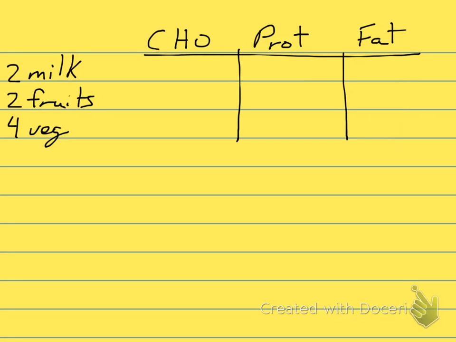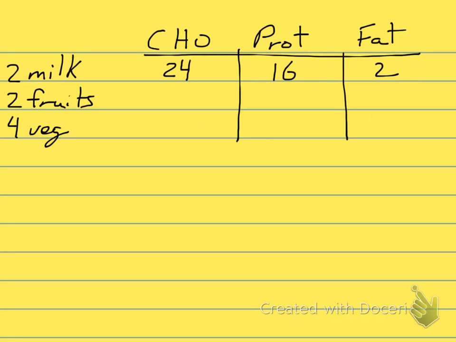We're going to start with 2 milk. 2 milk, 12 grams of carbohydrate per exchange. That's 24 grams of carbohydrate. 8 grams of protein per exchange, so that's 16. And I said we're going to consider it to be 1 gram of fat, so that's going to give me 2 grams of fat per the 2 exchanges.